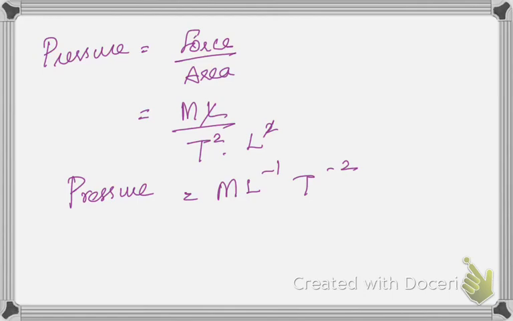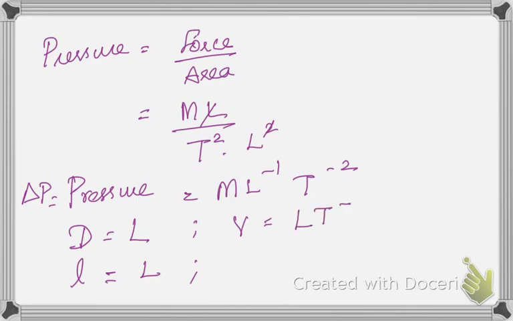Similarly we have to derive for each and every term. So del P is M L power minus 1 t power minus 2. And next is for diameter. If you know the unit, we can write the same thing. The unit for diameter is meter. Meter means it is represented by length, so L. Then we have our length, L is equal to L. And next we have our velocity. Velocity is distance by time taken, or we represent it as meter per second.